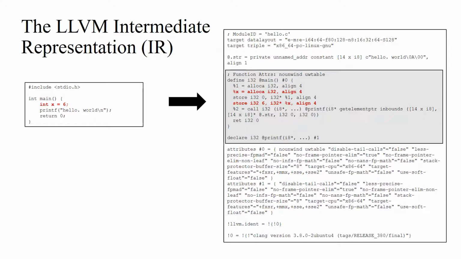Notice the lines that are highlighted in red, as they directly correspond to the creation and initialization of the local variable x. In a successful disassembly to a similar IR format, our ideal output from the disassembler would be akin to the code listing on the right, where variables and data types can be easily distinguished.